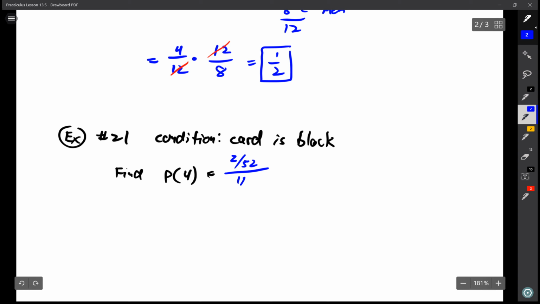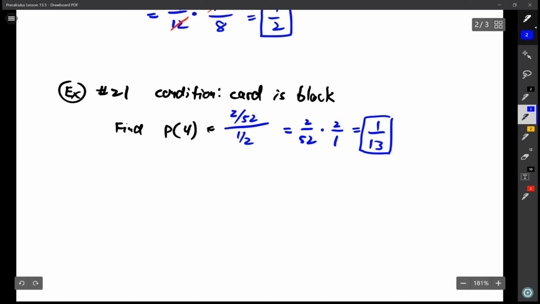That's half of the deck. So then that becomes 2 over 52 divided by 1 half, which is times 2 over 1. So that becomes 4 out of 52, which is 1/13.